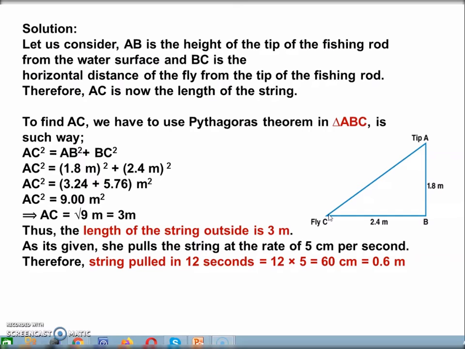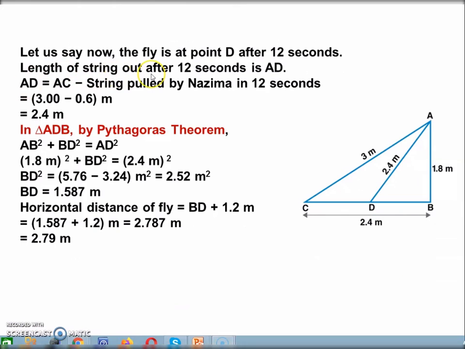So in 1 second 5 centimeter is pulled. In 12 seconds how many centimeters will be pulled? That you have to find out. So 12 into 5, that is 60 centimeter. But since all other lengths are given in meters, this also has to be converted into meters. That is 0.6 meter. So then you have calculated the length of the string pulled out after 12 seconds.